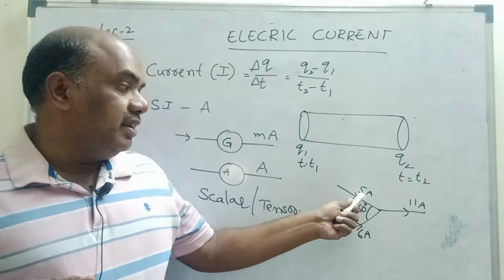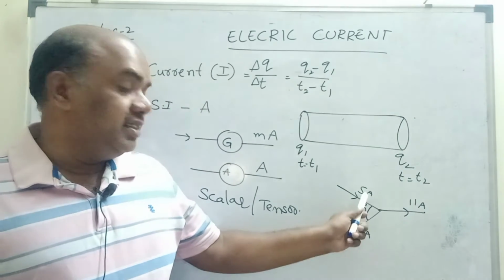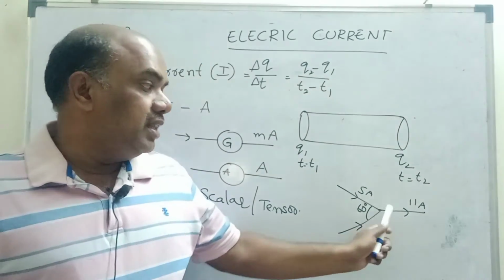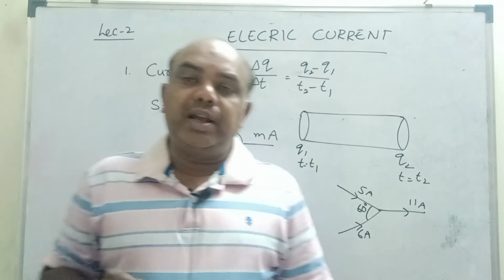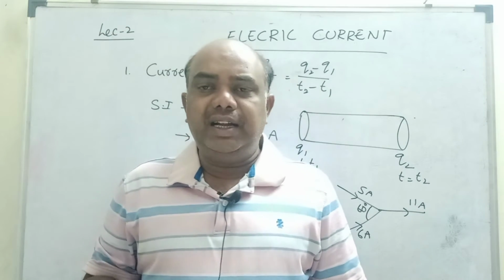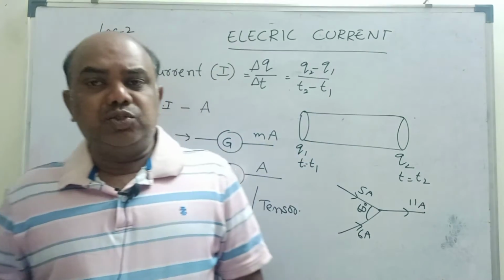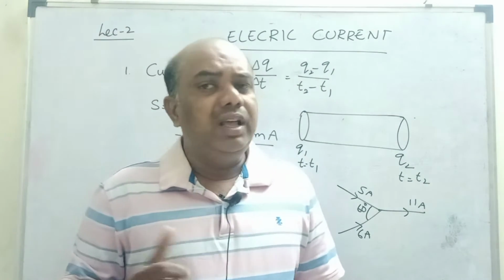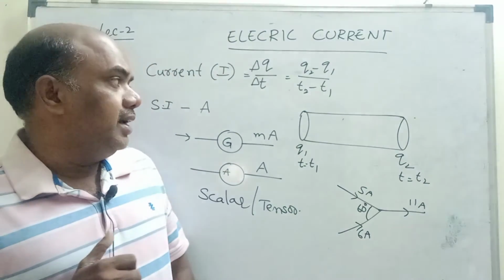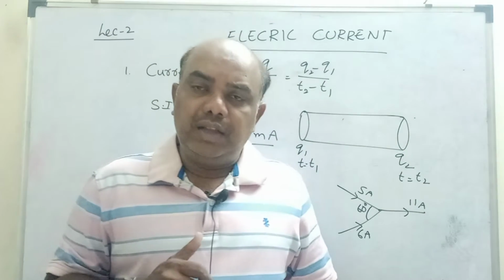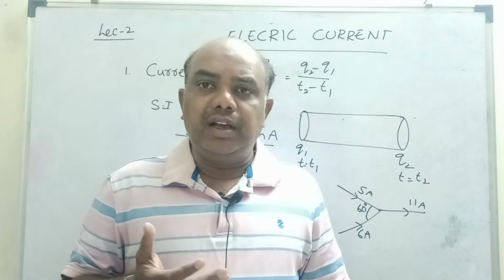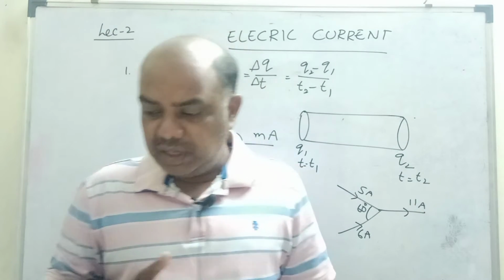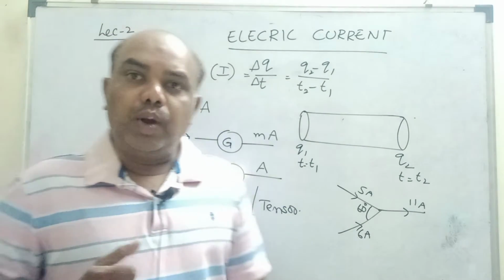Let us consider this is vector a, this is vector b. Then the resultant will be the diagonal of the parallelogram, with the formula under root of a square plus b square plus 2ab cos theta. Current is not obeying that, so it is a scalar quantity. One more important physical quantity like that is pressure; pressure is also a scalar quantity.